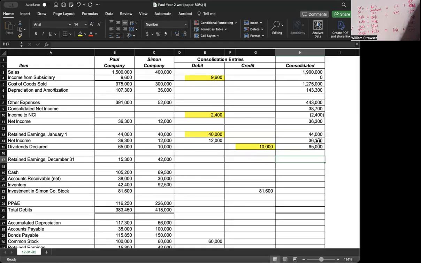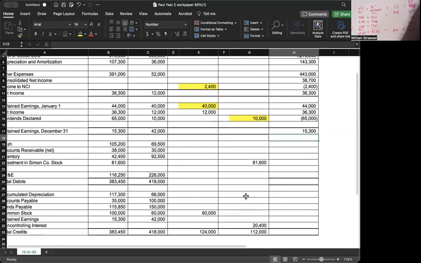And so we come up with, if we've done everything correctly, we can make the dividends negative, which then results in a simple summation of these three items: 15,300, which is the retained earnings of the parent.